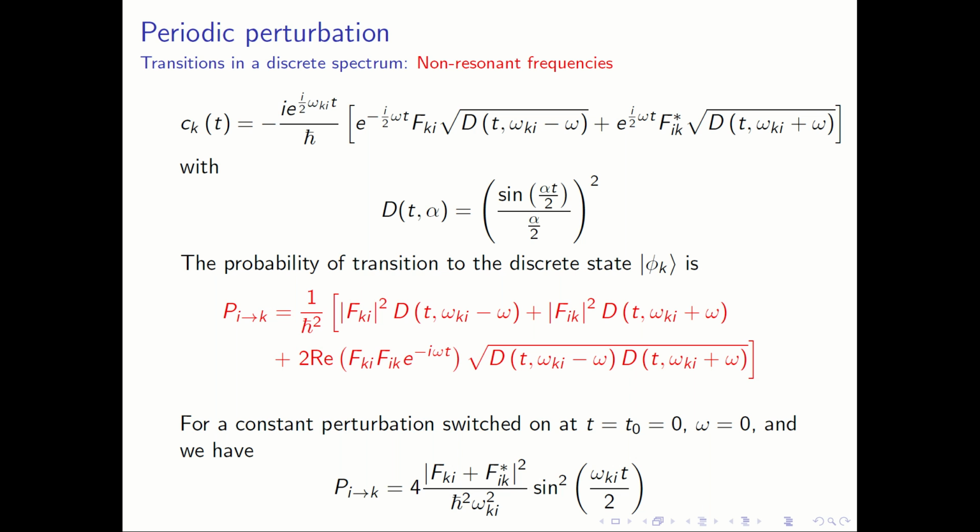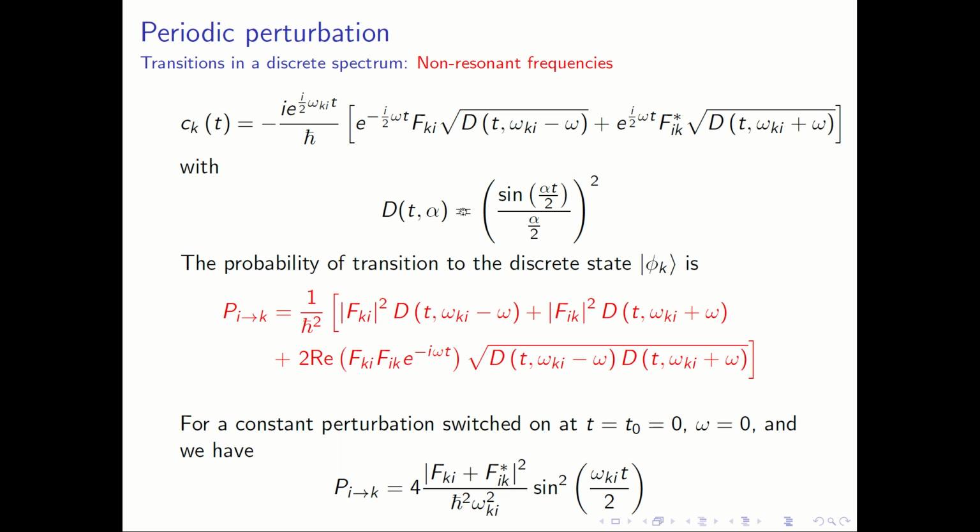The other extreme case could be when omega is very far away, either very large positive or very large negative. I'm just going to talk about the very large positive case here. The large negative case is essentially the same. And for that, what you can say is dt omega ki minus omega. When omega is very much larger than omega ki, then you can simply ignore the omega ki in these arguments.